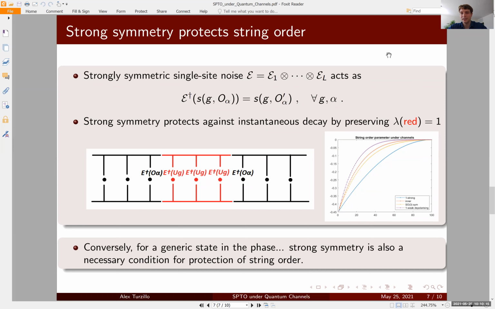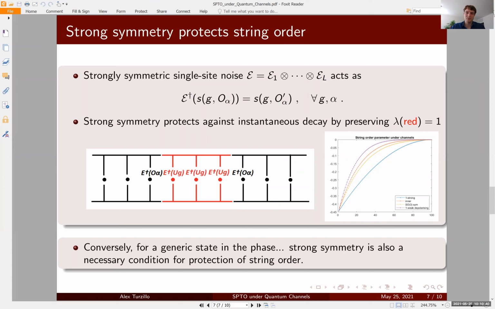The end operators don't get mapped back to themselves, but it's not hard to see that they get mapped to other end operators associated with the same label alpha. So the channel maps a string operator to another string operator of the same class. Therefore, it preserves the pattern of zeros and the SPT phase.